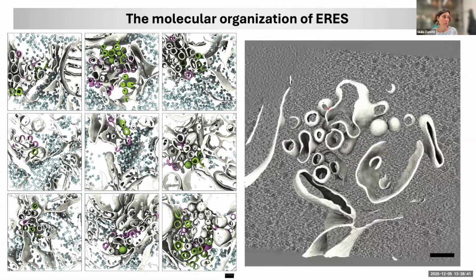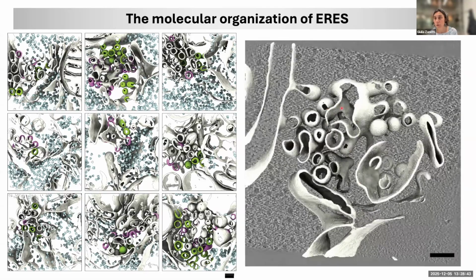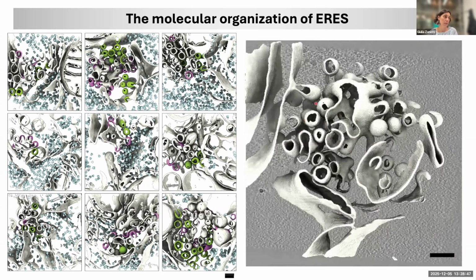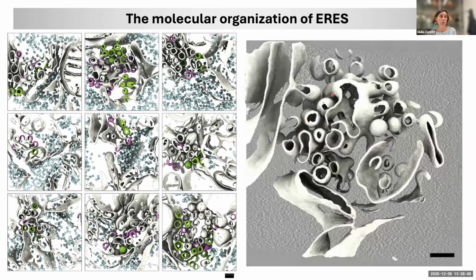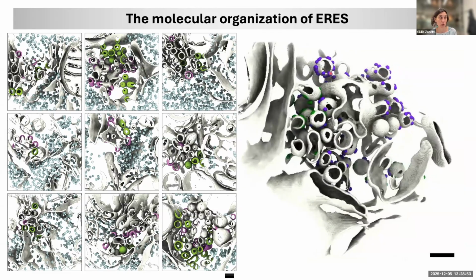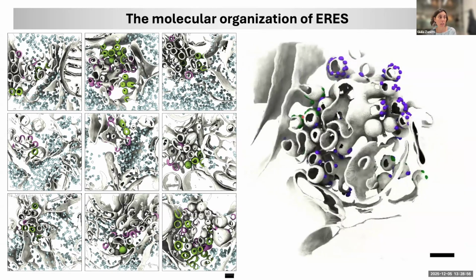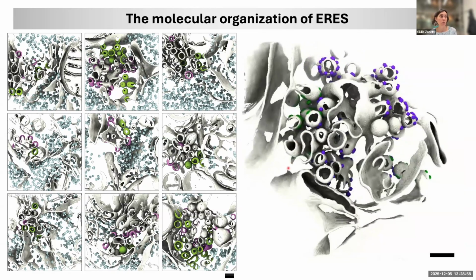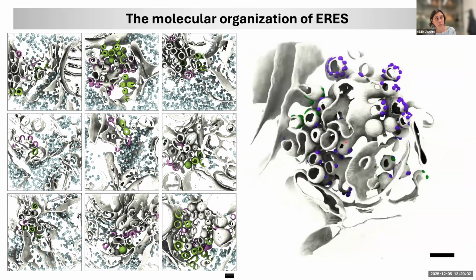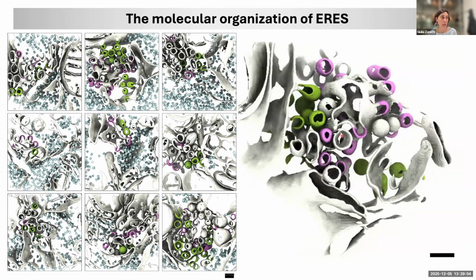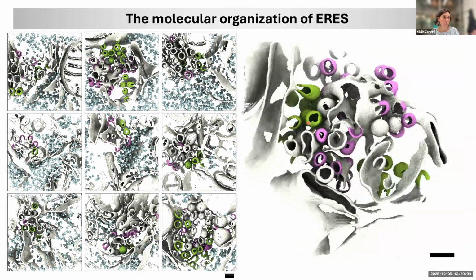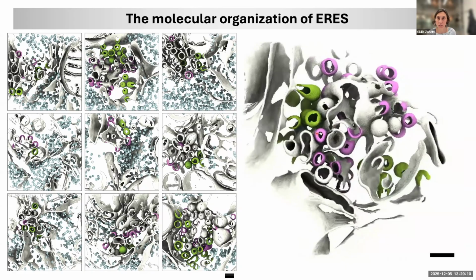And so here is a 3D view of the membranes. And then the next thing I'm going to show you is the position of the cross-correlation peaks from the template matching. So in purple is the COP1, and in green is the COP2, which allows us to now put pretty colors on our membrane and have a descriptive view of this one particular ER exit site.